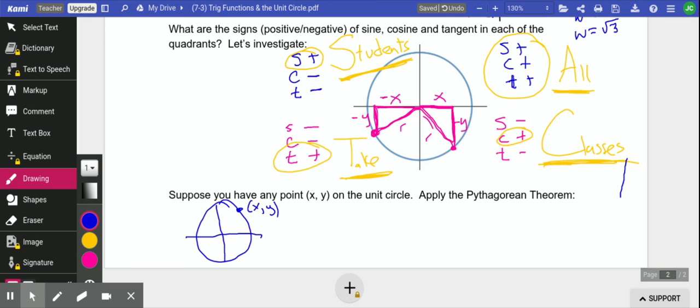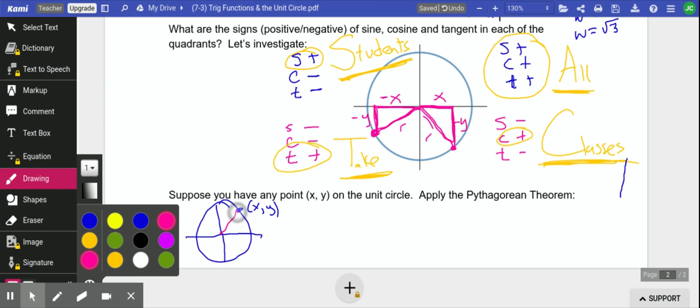Okay, and just like we were doing, we're going to create that triangle. This is x and this is y. And since it's on the unit circle, that means the radius is 1. And I want to show you Pythagorean theorem says that x squared plus y squared equals 1 squared, which is just 1.